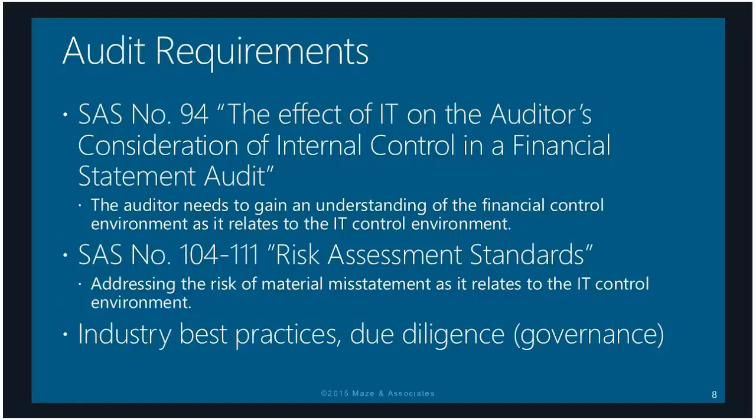So when we look at this, and we'll talk about control environments in a second if you're not familiar with those, we then have SAS 104 through 111, which basically say to do risk assessments. The way we do our audit depends upon the risk to the system. So as the IT auditor, I look at the risk related to material misstatement as it relates to the IT controls, and then I determine whether it's low, moderate, or high.